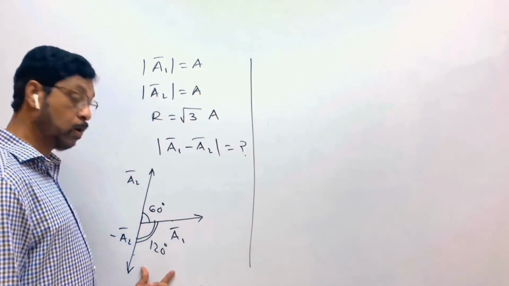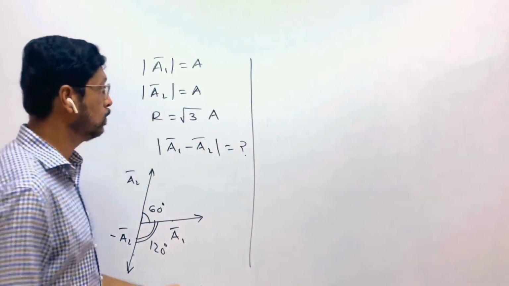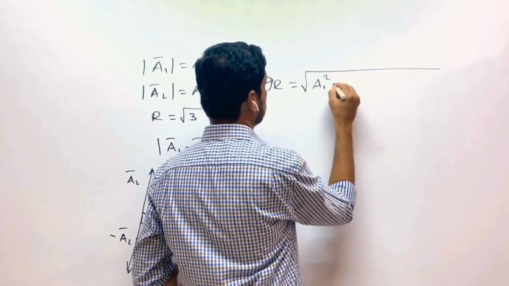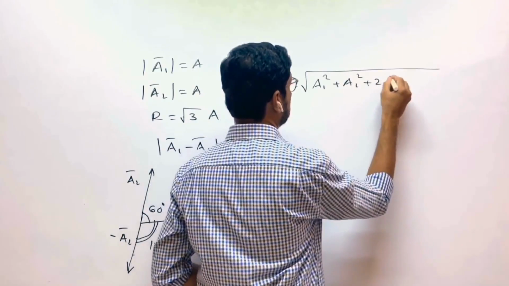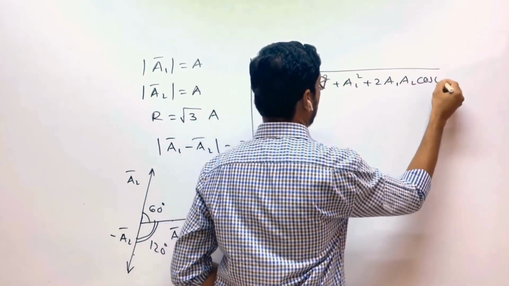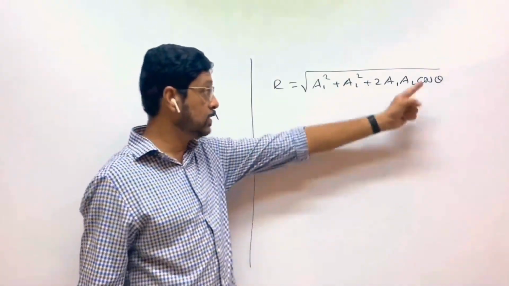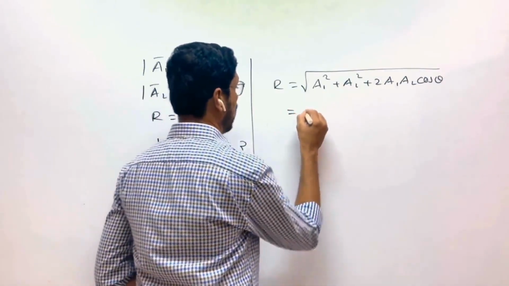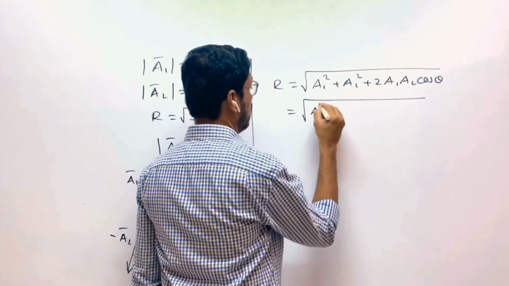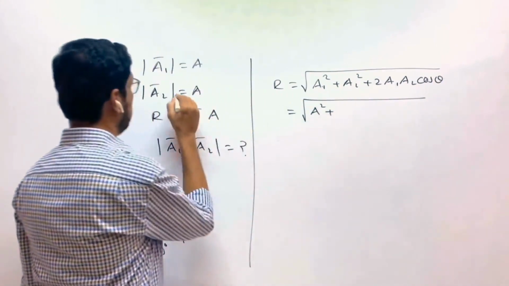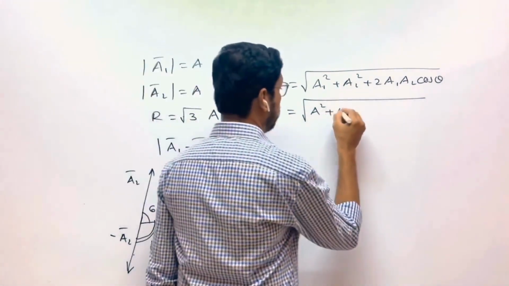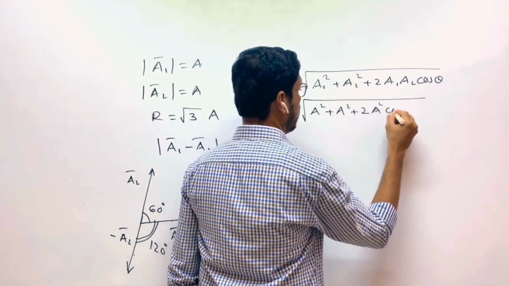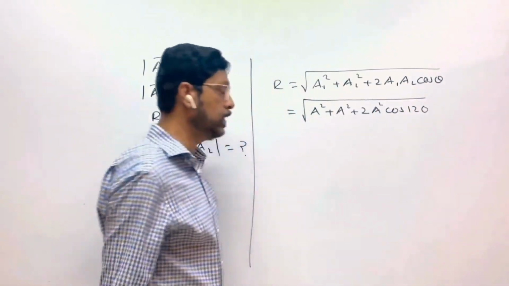So now the resultant of A1 and minus A2, R will be equal to under root A1 square plus A2 square plus 2A1 A2 cos theta. And how much is theta now? 120 degree. So R will be equal to under root A square plus, because both magnitudes are equal to A, A square plus 2A into A square cos 120 degree.